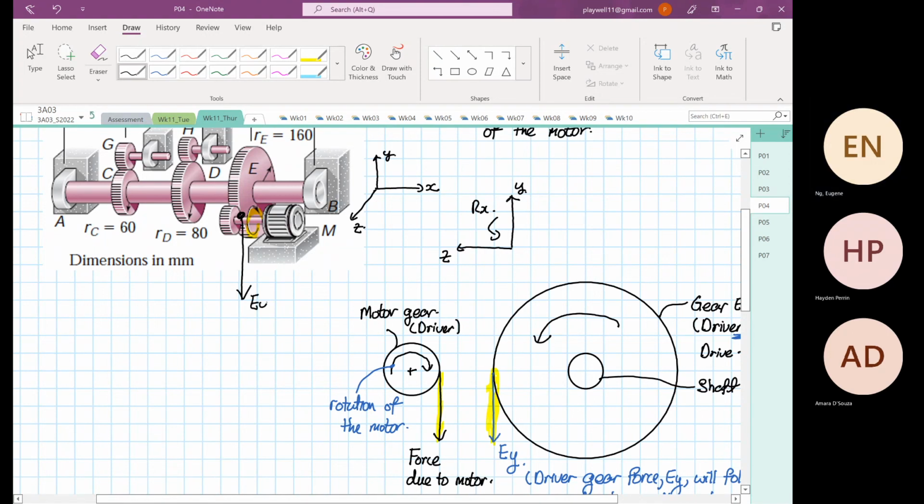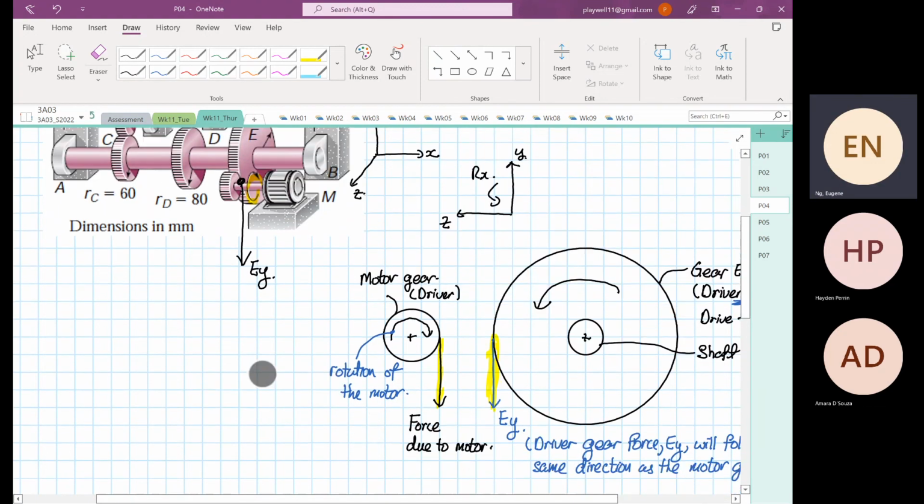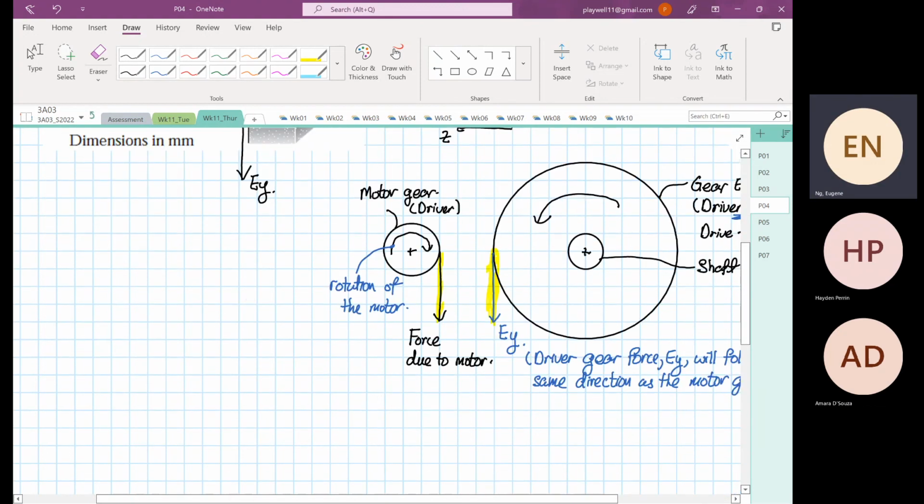Right? Okay, that is the direction of EY. Okay. So the next one we're going to look at is gear D. Okay, gear D. So gear D and gear C. I'm going to draw gear D first.